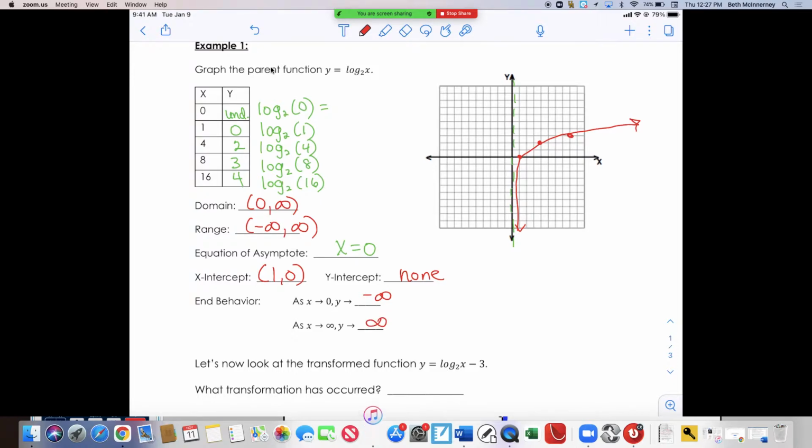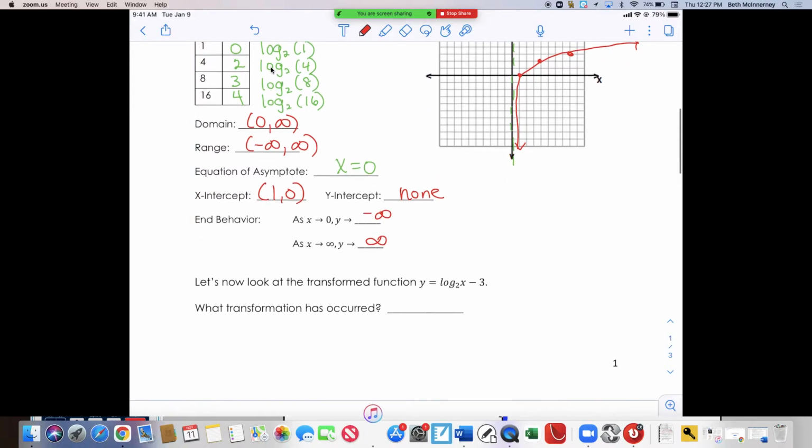So now, if we want to look at a transformation, and I'm going to rewrite this just to make sure we're crystal clear on this. There's no parenthesis around the x minus 3. Let me say that again. There is no parenthesis around the x minus 3.